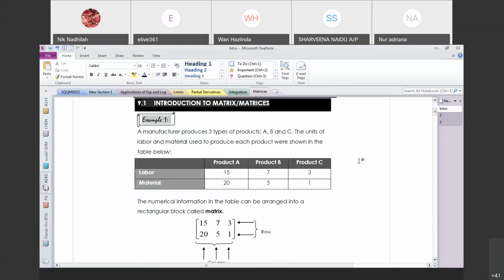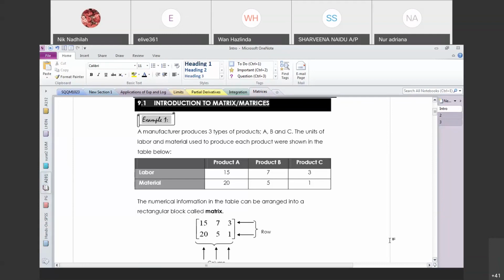Yes. All right. So you can actually represent a matrix. In this case, we have three products and two things.